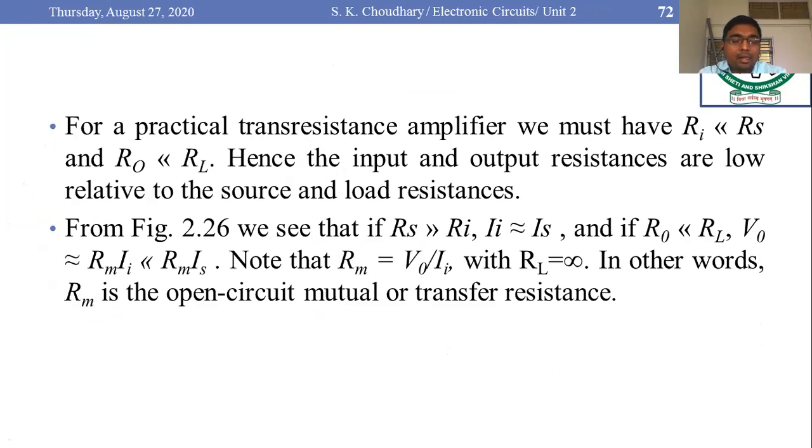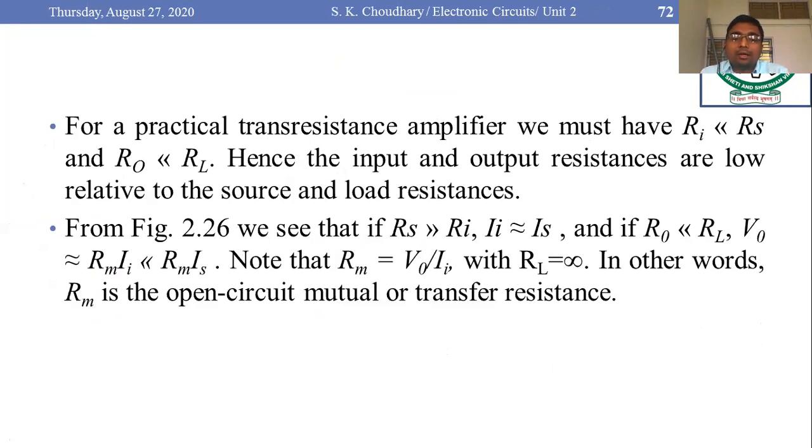But practically, Ri is very much less than Rs and R0 is very much less than RL, opposite to the condition of transconductance. Hence, input and output resistances are low relative to the source and load resistances.